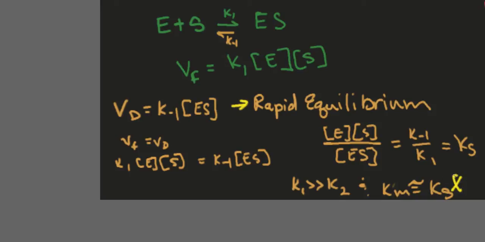You might be given data to calculate K1, K2, K inverse, Km, and Ks. If these two are approximately the same and K1 is much bigger than K2, then you know you have rapid equilibrium. And you can calculate K sub S by doing this or this, depending on what you're given.